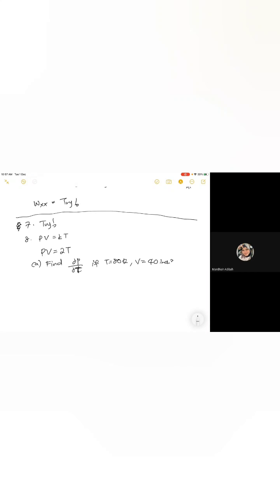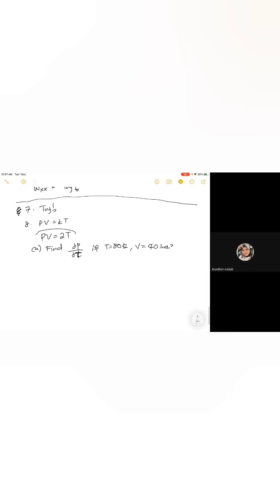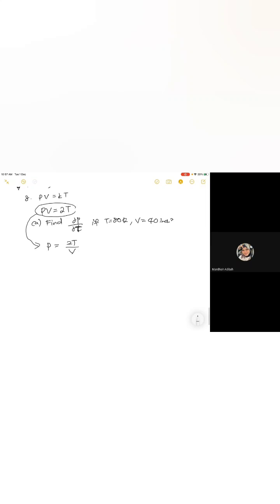Okay, now you want to find del P del T. So you use this formula only. Your function, when you make it P, you have 2T over V. Now you want to differentiate with respect to T, right? So V is constant. So when V is constant, 2 over V is still 2 over V. You differentiate T, you will get 1.